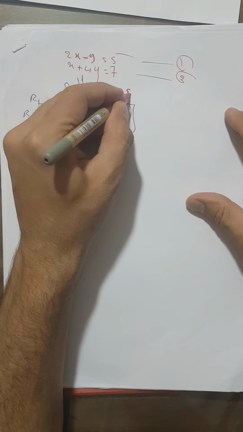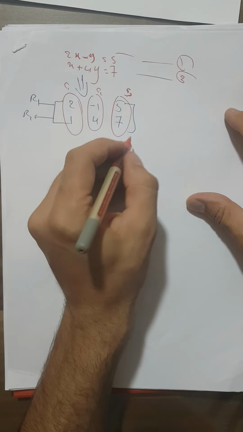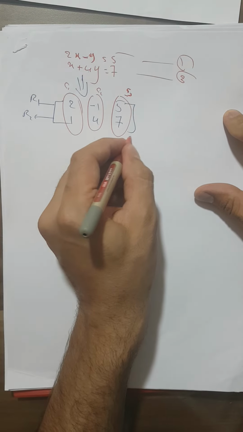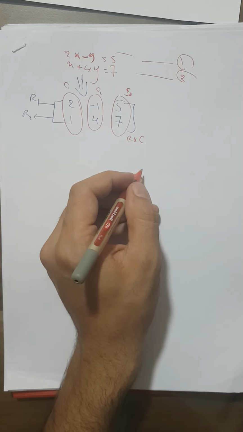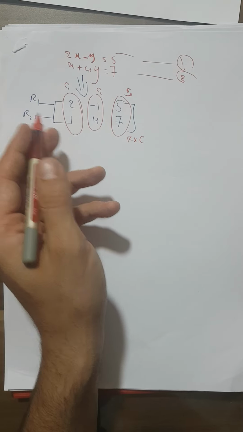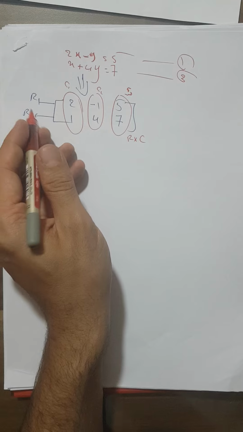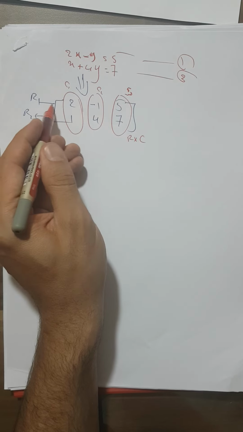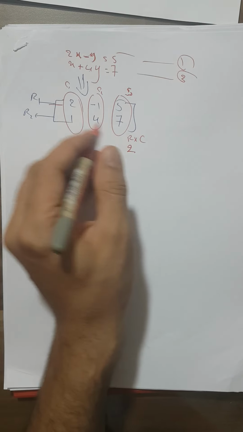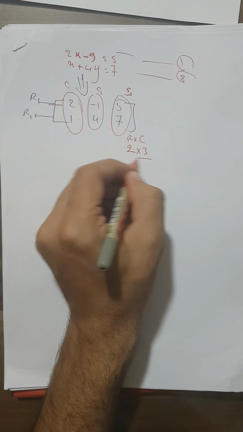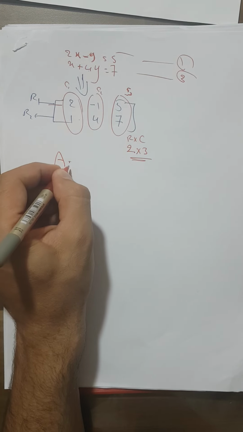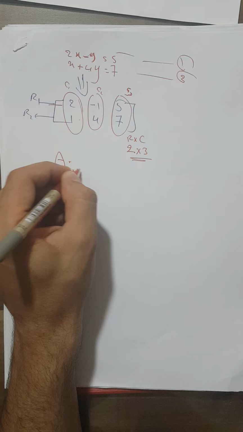The matrix also has dimensions, R by C, rows by columns. Here we have 2 rows and 3 columns, so we say our matrix A is a 2 by 3 matrix.